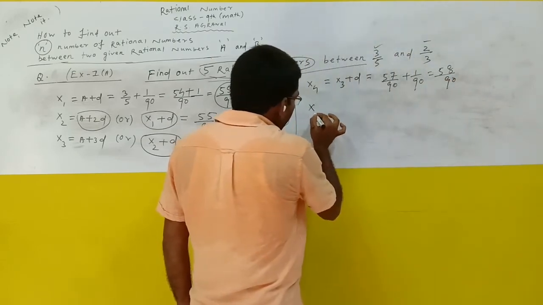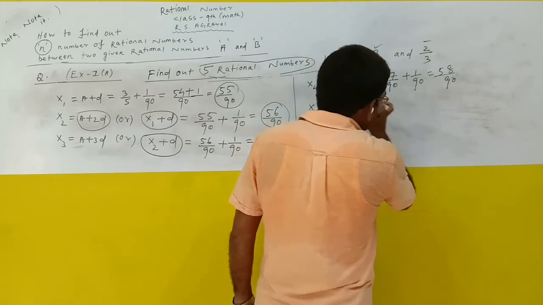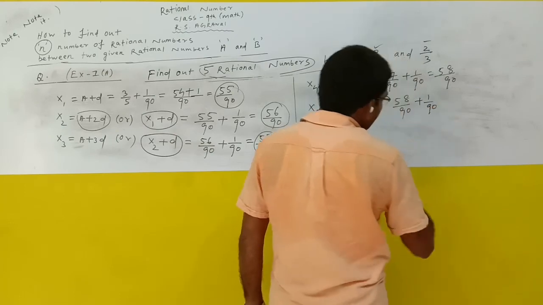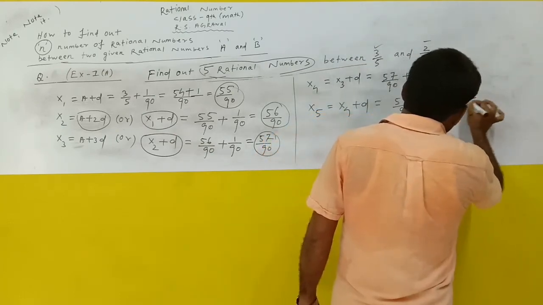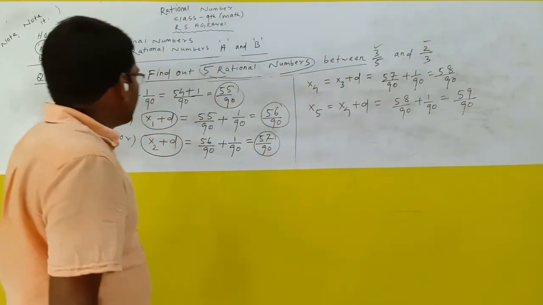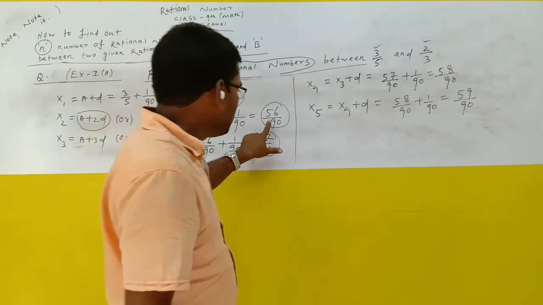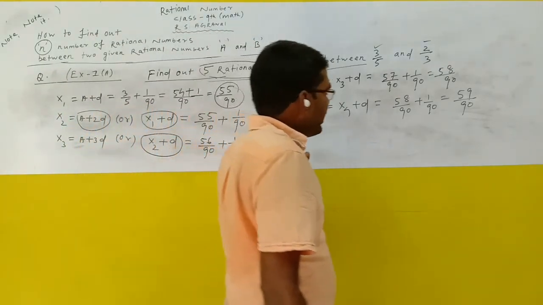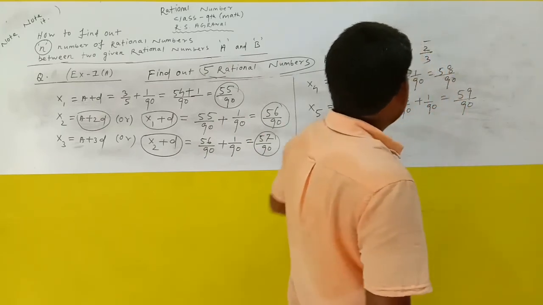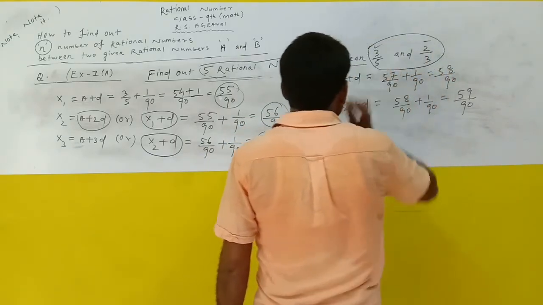And the last required rational number, that is x5 equal to x4 plus d. Value of x4 equal to 58 by 90 plus 1 by 90 is equal to 59 by 90. So in this way you can get the five rational numbers: 55 by 90, 56 by 90, 57 by 90, 58 by 90 and 59 by 90 between these two given rational numbers 3 by 5 and 2 by 3.